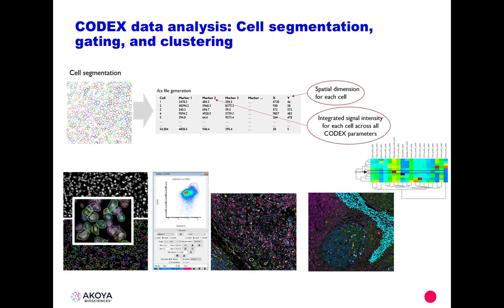And this is what allows us to do spatial analysis on the cells in our image, because we have both cytometric data to determine the phenotype and then spatial analysis to determine the spatial location of that cell inside of tissue.